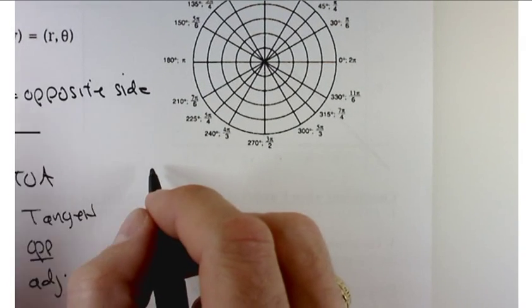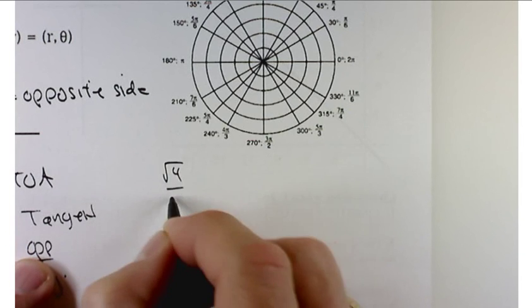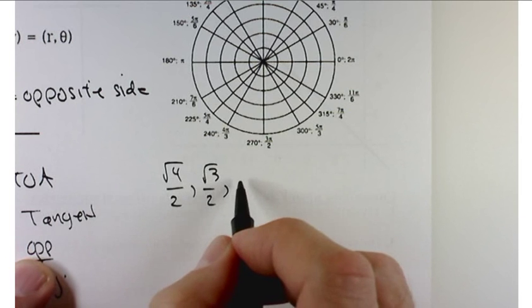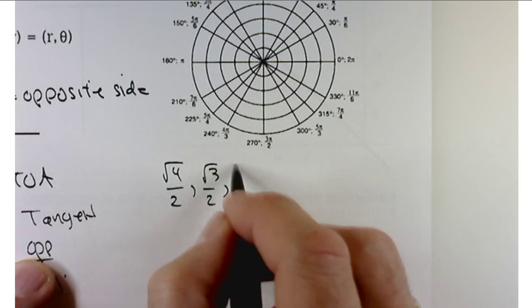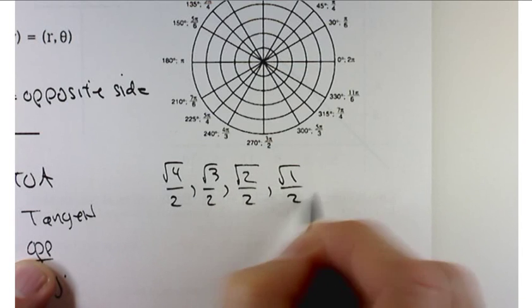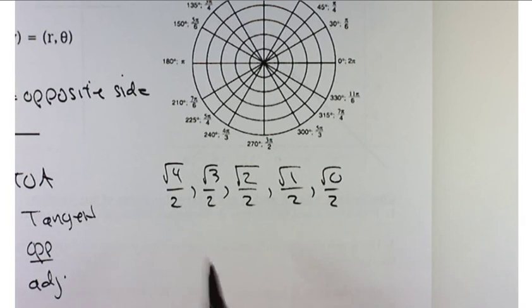And it's this. So let's write down the square root of 4 over 2, square root of 3 over 2. Can anyone predict the next one? Square root of 2 over 2, 1 over 2, and 0 over 2. So is that an easy pattern to follow so far?